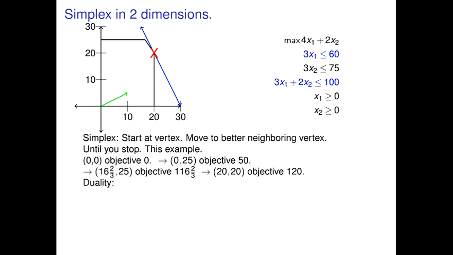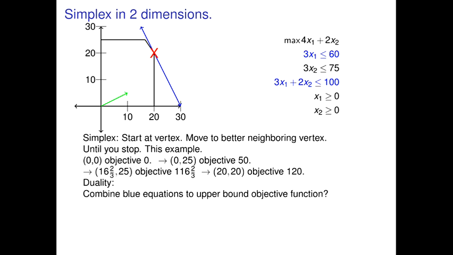If it didn't satisfy 6 times x1 is less than or equal to 120, it would not satisfy 3 times x1 is less than or equal to 60. Is that correct? Okay. So now what if I added these two? If I added these two, what do I get? 6 times x1 plus 2 times x2, and that should be less than or equal to 160, right? So that inequality must be true because these two inequalities are true for any feasible point.